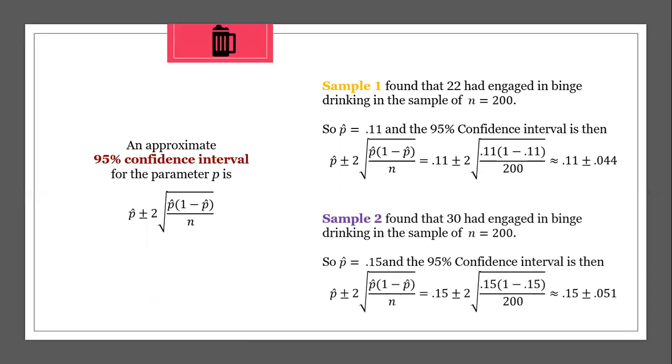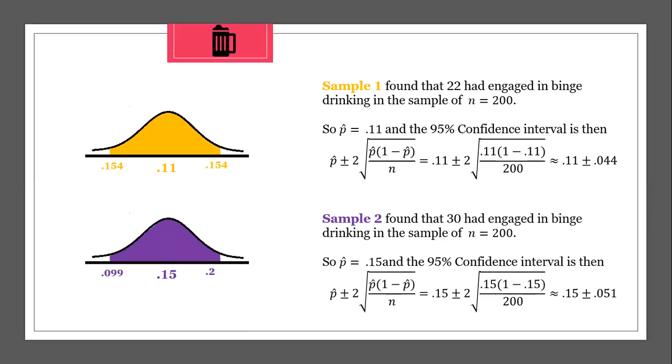You go out, you take your own sample, and because the samples are random, you're going to get a different answer, likely. So you find that 30 people in your sample said they engaged in binge drinking, so your estimate is 15%. Build your confidence interval, your 95% confidence interval is plus or minus 0.051 from there. So both of us generated our own normal curves from this.